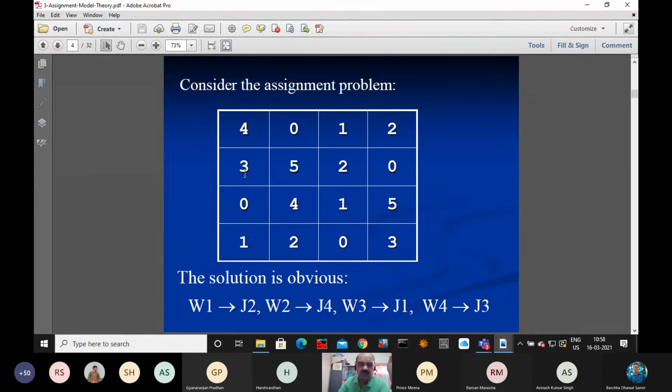Now in the second row, x24 equal to 1, rest all are 0. In the third row, x31 equal to 1, rest all are 0. In the fourth row, x43 equal to 1, rest all are 0.